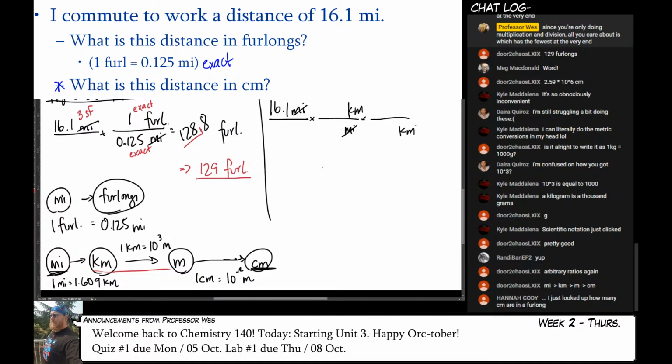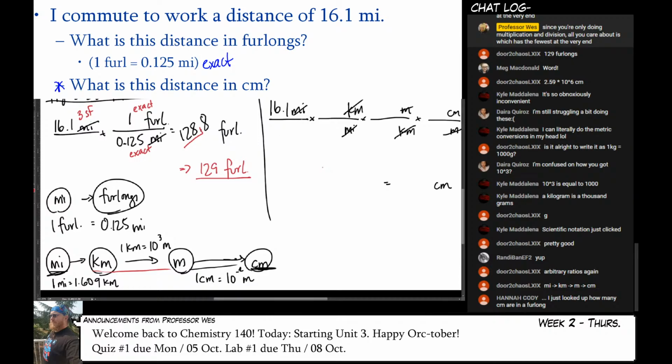So we'll turn kilometers into meters. And then the last step, we'll turn meters into centimeters here. So meters, centimeters. Am I capturing that on screen? I am. Okay, cool. Centimeters is the only unit left, which means that my answer will be in centimeters once I run the numbers.